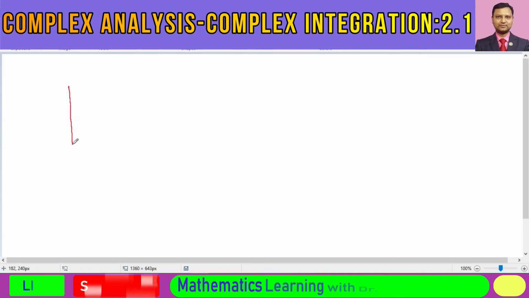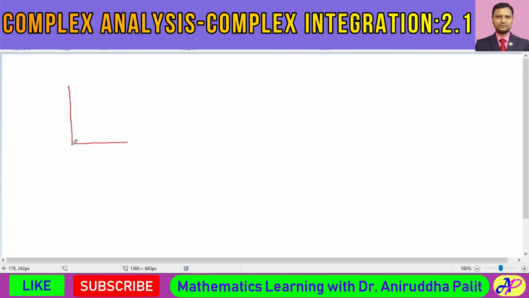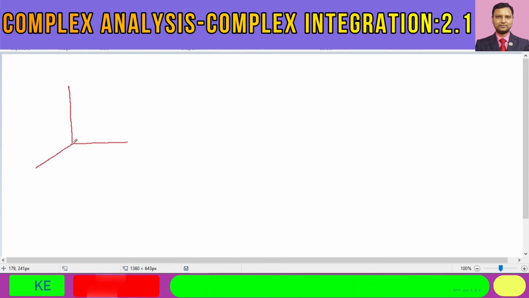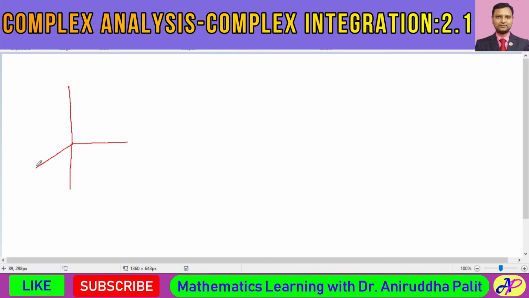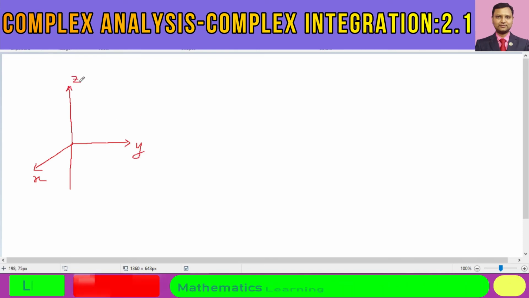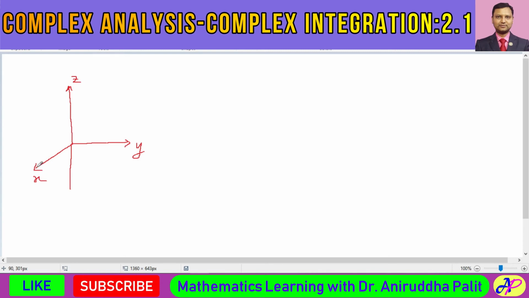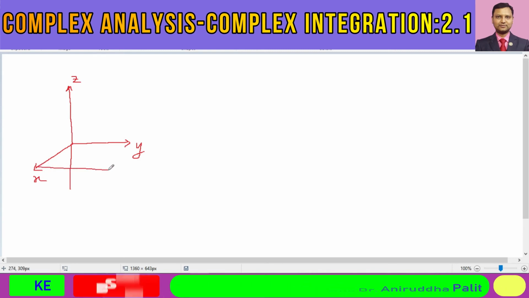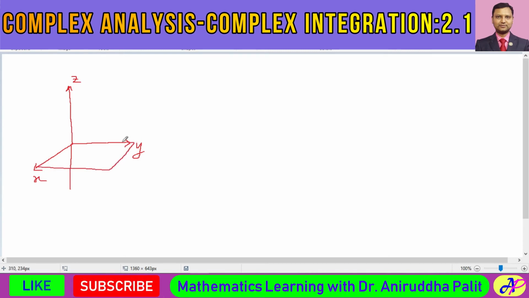This is the z-axis. Let me extend this z-axis in the negative direction. Suppose this is our x-axis, this is our y-axis, and this is our z-axis. And let me draw the xy plane in this fashion. So this is our xy plane.